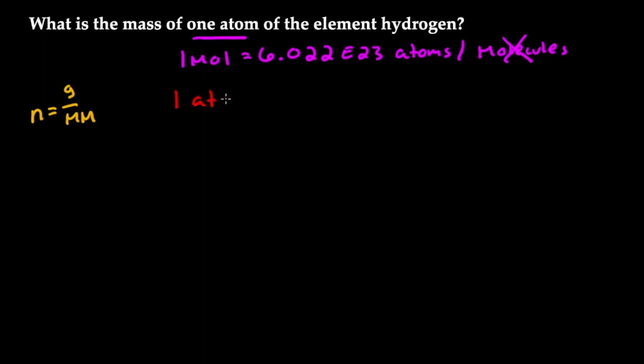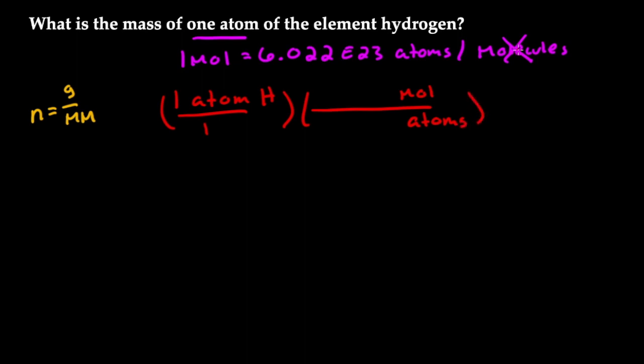And so what we can do is say that we have one atom of hydrogen, and that's going to be what we're given. And what we want to do is convert this to moles. So I want to put moles up there, and I'll put atoms down here. And from Avogadro's number, we know that we have 1 mole here.